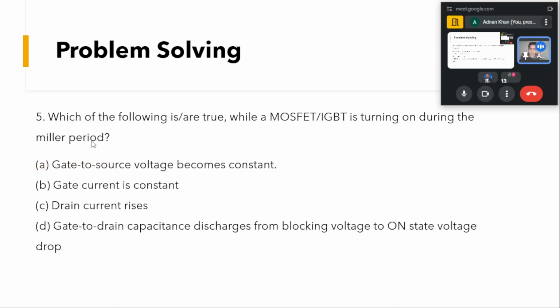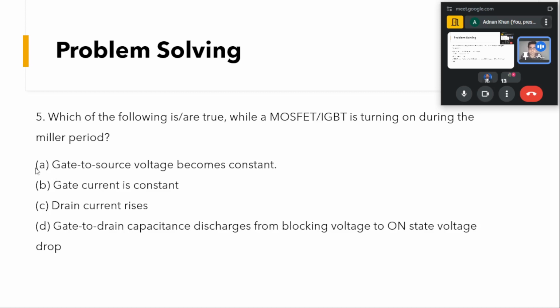Question number 5. Which of the following is or are true while a MOSFET or IGBT is turning on during the Miller period? We know the MOSFET turns on during the Miller period, so what happens during that time?